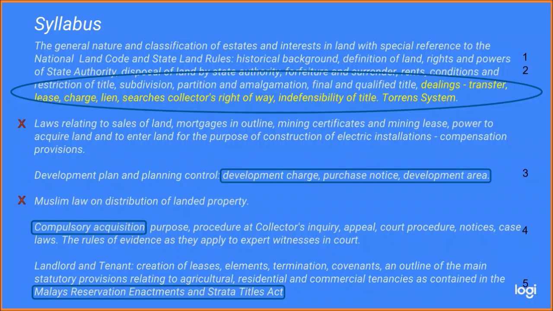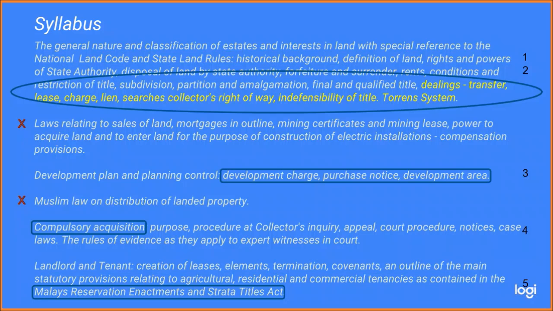The land code says a lot of things about land, but the agents are more likely engaged for the purpose of dealings. That means land transfer, land being leased for the long term. All these dealings involve the work of the agent and also the lawyers. So we need to know what the laws involved in the dealings are.